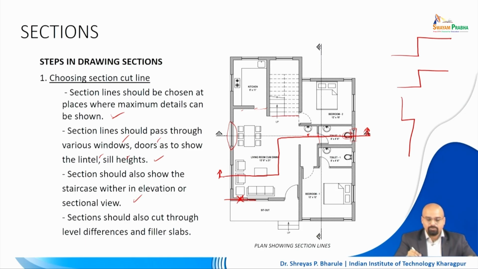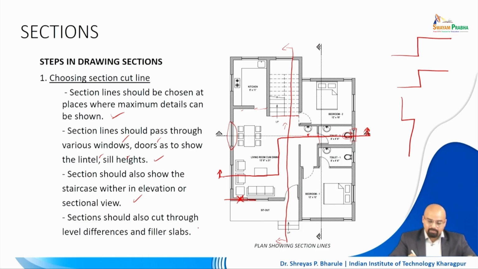Next, the section should also show the staircase, whether in elevation or in sectional view. In this case this will be in elevation, or if we pass a section line like this, then it will be in section as well. So this is how we can move the section line and get most of the details.